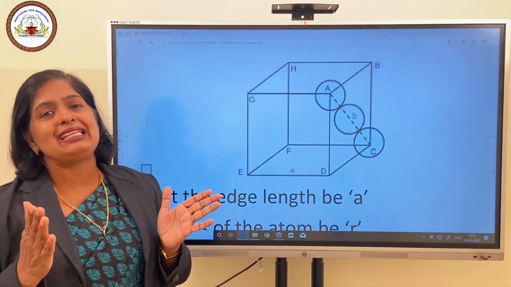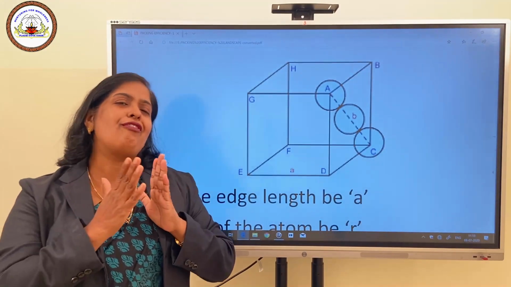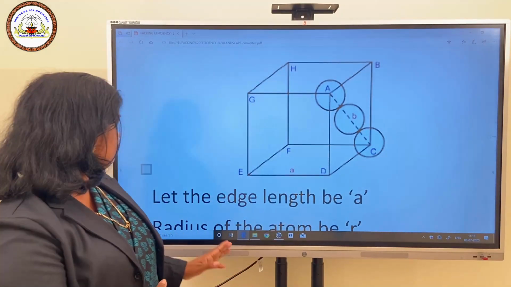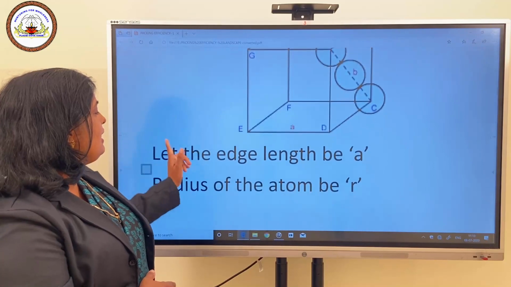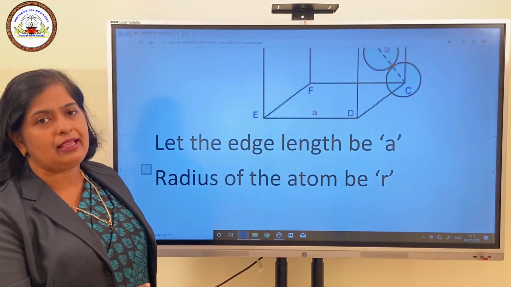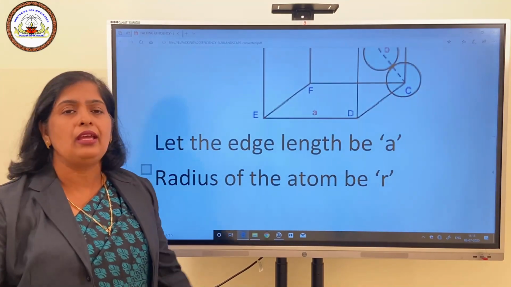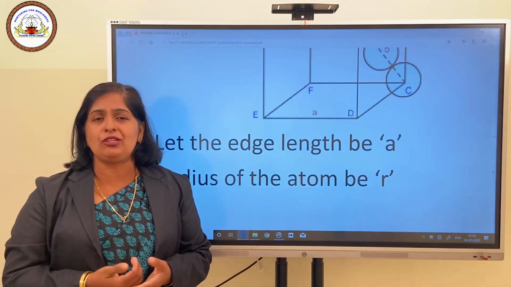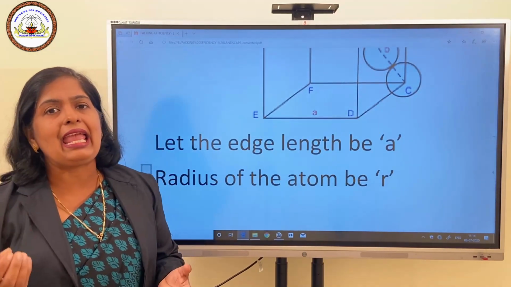Unit cell is in cubical form. So let the edge length be a. Using that edge length, we know the volume of the unit cell is a cube.